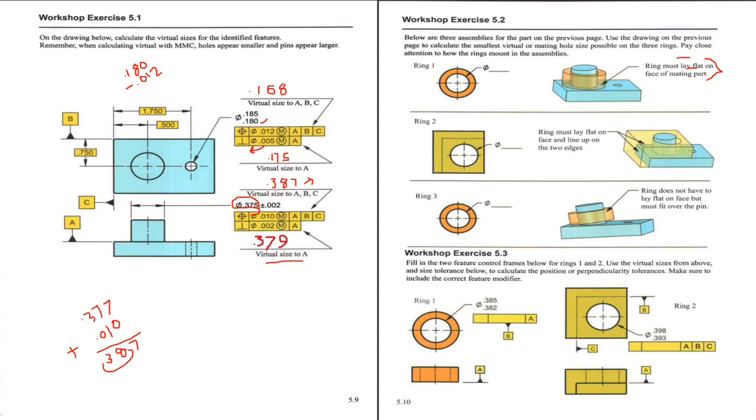That would be my MMC of the pin, which is 0.377, and my positioning tolerance is, excuse me, this one, perpendicularity tolerance. It's 0.002, and it gives a size of 0.379. So the ring size in the first case is 0.379.